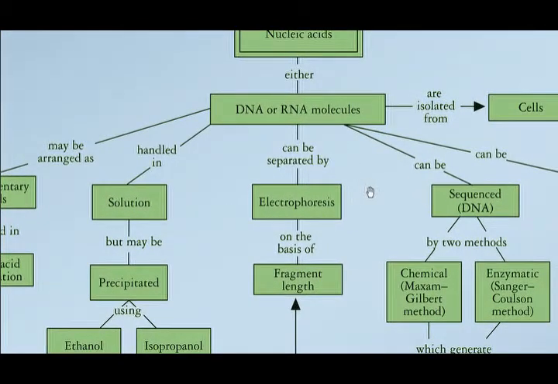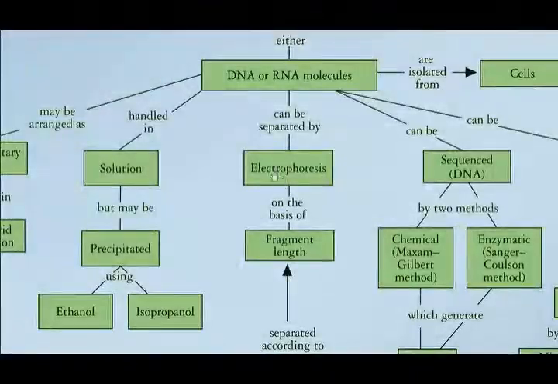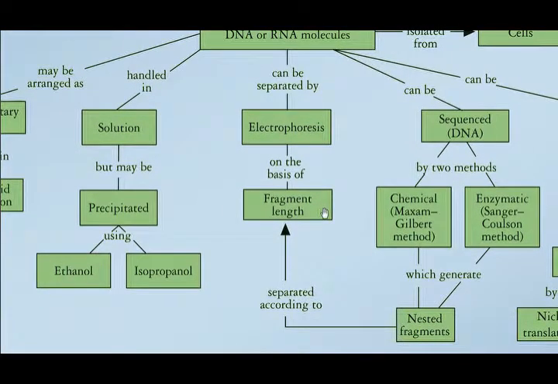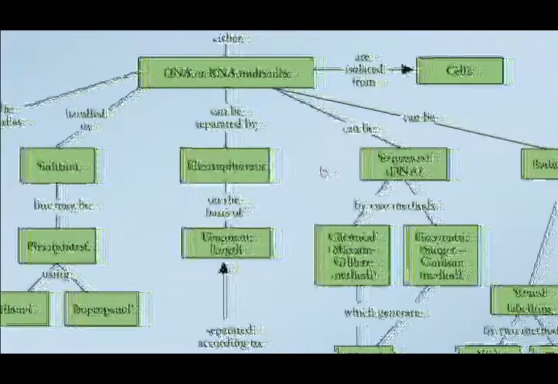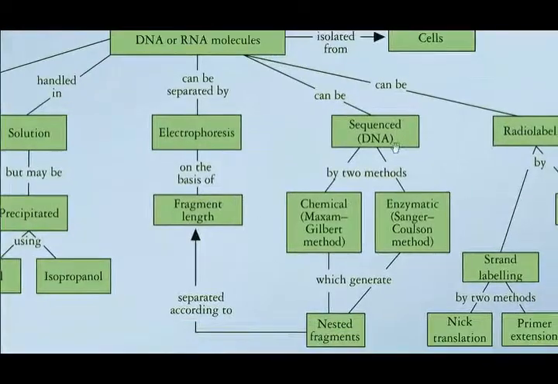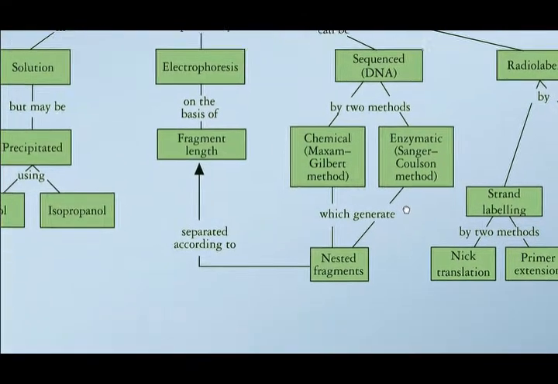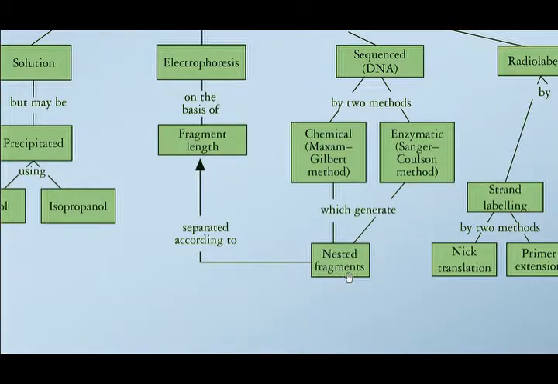DNA or RNA molecules can be separated by electrophoresis on the basis of fragment length. DNA can be sequenced by two methods: the chemical method, or Maxam-Gilbert, and the enzymatic method, or Sanger-Coulson, which generate nested fragments that will be separated according to fragment length.